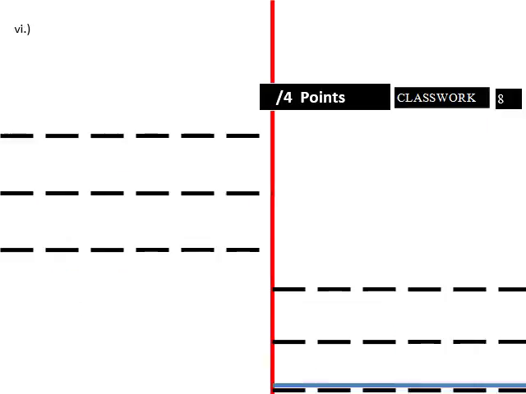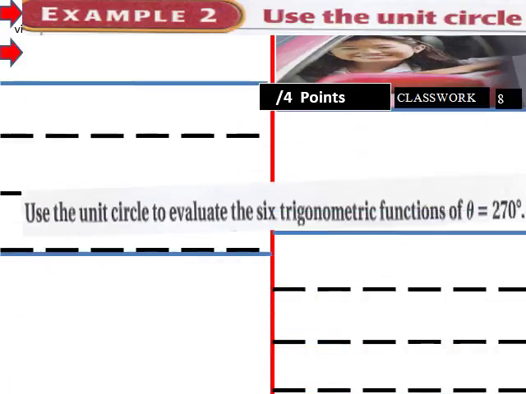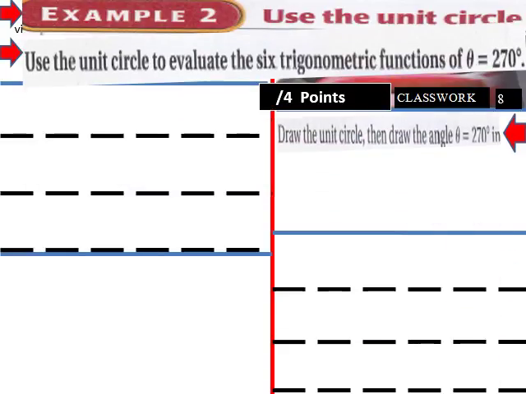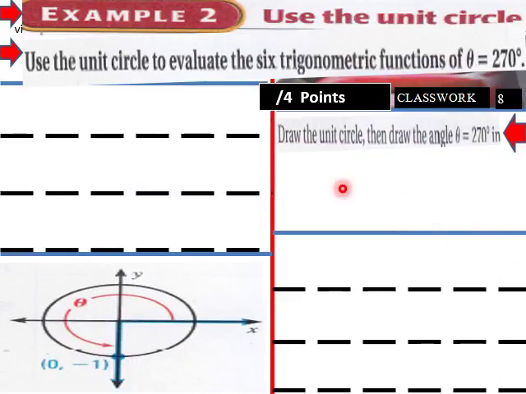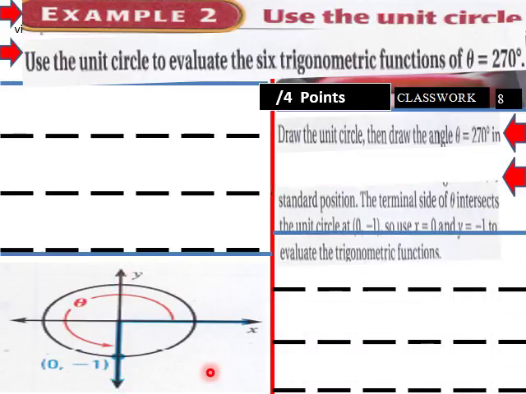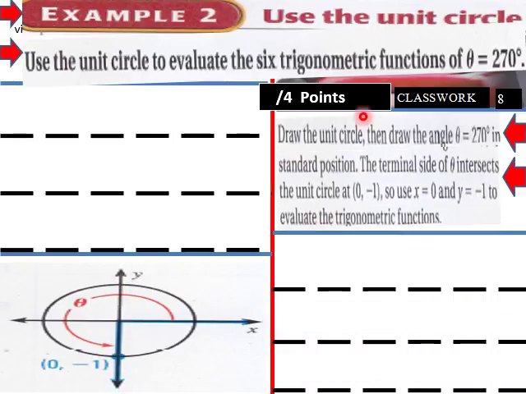Quadrantal angles. Our next example, example 2: use a unit circle to evaluate the 6 trig functions. Theta equals 270. Here's theta. 270 lies on the y-axis. The terminal side of theta intersects the unit circle at 0, negative 1.